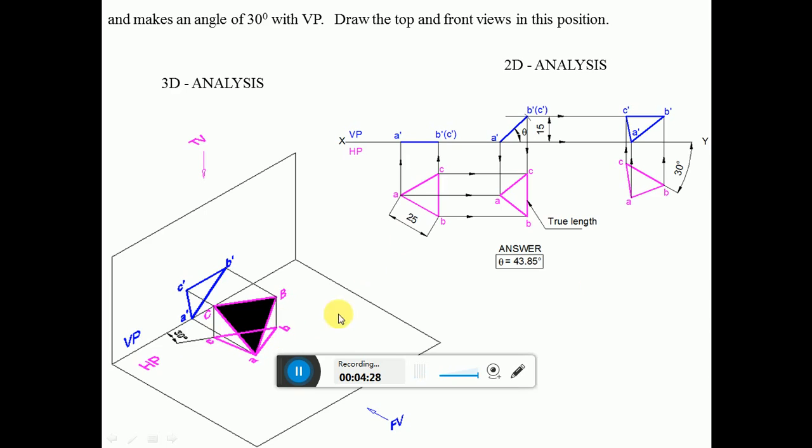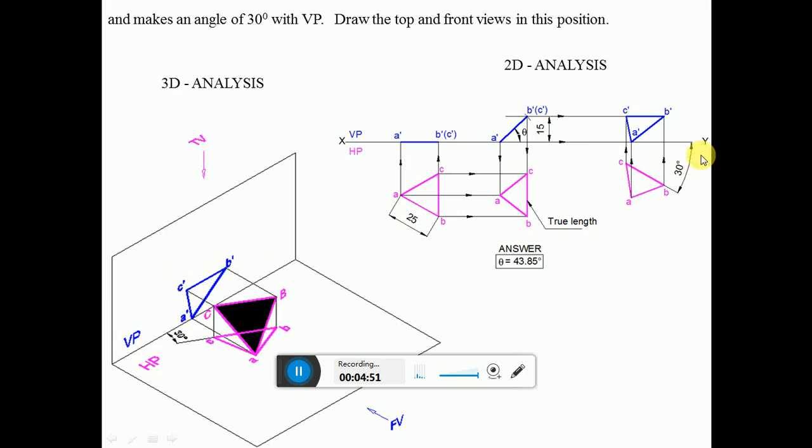This is what you get in the shaded portion, which is in 3D. When you look from the front view, these are the points B and C which you are going to get. Similarly, from the top view, this is B, C and A. So this ABC is the one which you will be writing here, and this A dash, B dash, C dash will be written here.